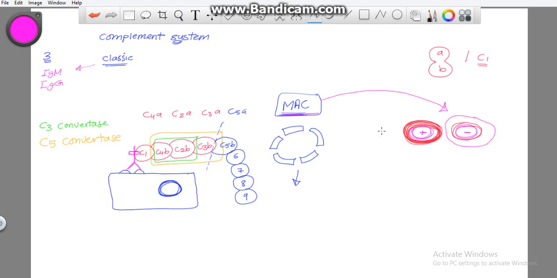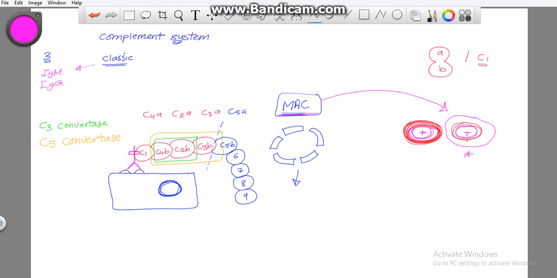So this is why people who have deficiencies in such proteins in the final common pathway of the complement activation are susceptible to infections of gram-negative bacteria way more than other people.